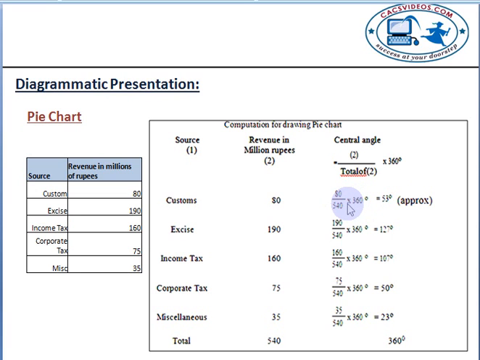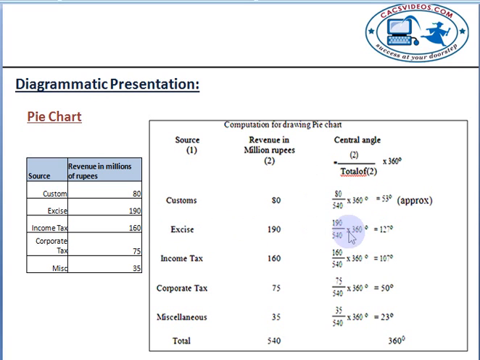Now, how much portion is covered by which source? How will you compute it? Here the total revenue for customs is 80. So first we take the percentage: how much percentage it is of the total 540? So 80 divided by 540 into 360. This is how the angle of any item is computed.